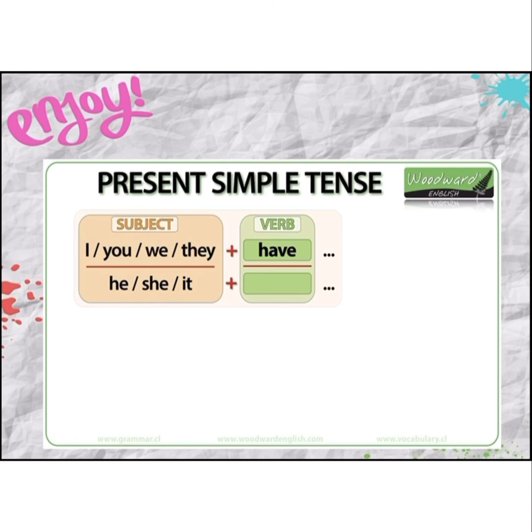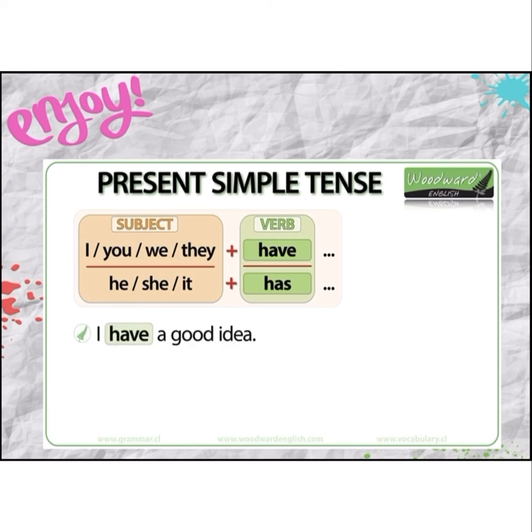Sometimes the verb changes a little for he, she, and it, third person. Look at this verb. We say, I have, you have, we have, they have, but for he, she, it, we use has. We do not say haves, no, because the verb is irregular.